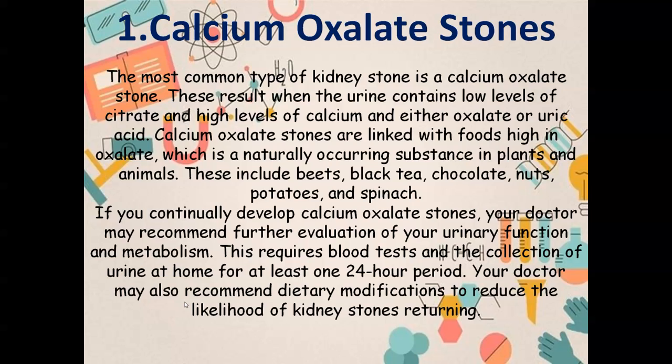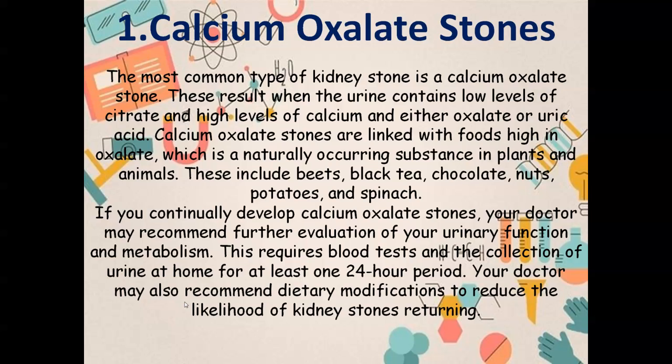Calcium oxalate stones are linked with foods high in oxalate, which is a naturally occurring substance in plants and animals. These include beets, black tea, chocolate, nuts, potatoes, and spinach. That's why for elders and children, it is advised not to have much black tea and chocolates.